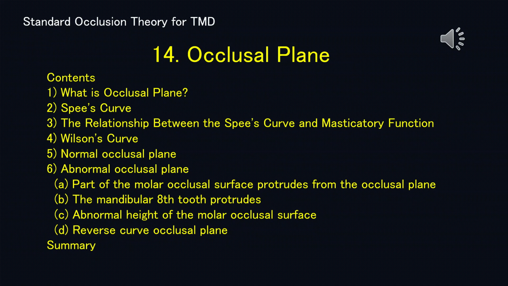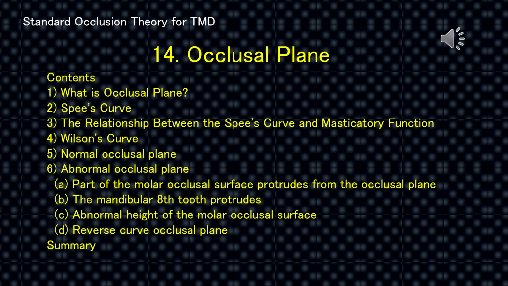14. Occlusal plane. Contents. 1. What is occlusal plane? 2. Spee's curve. 3. The relationship between the Spee's curve and masticatory function. 4. Wilson's curve. 5. Normal occlusal plane. 6.